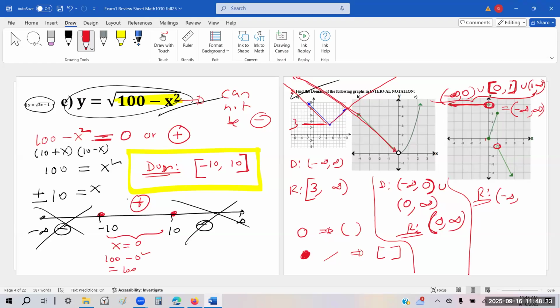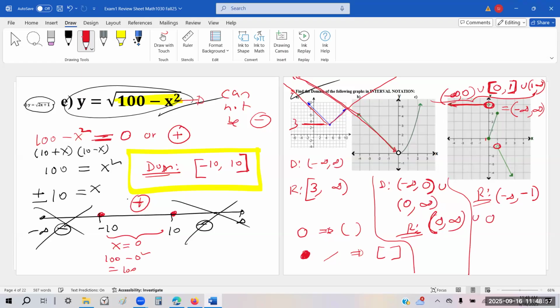Until it goes to this point. What's the y value at this point? Negative 1. But what's wrong with negative 1? It's a hole, so there is no number. So parentheses. And then it jumped and starts its journey from 0.